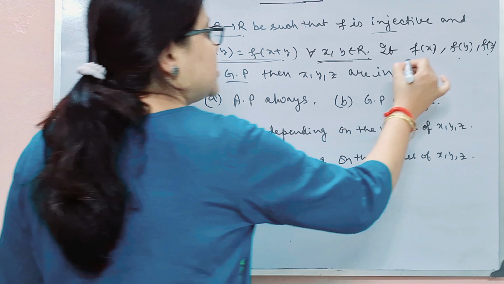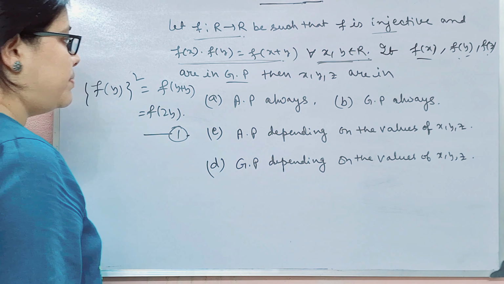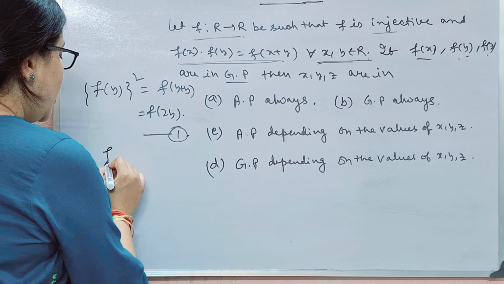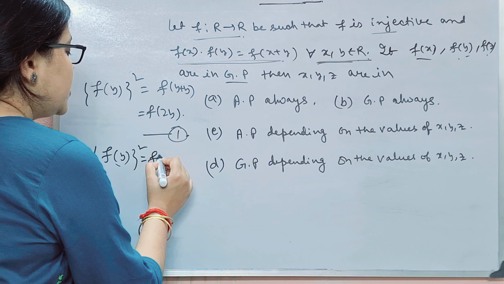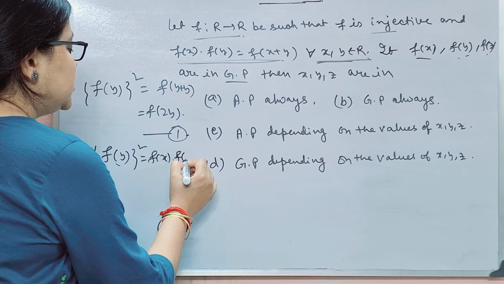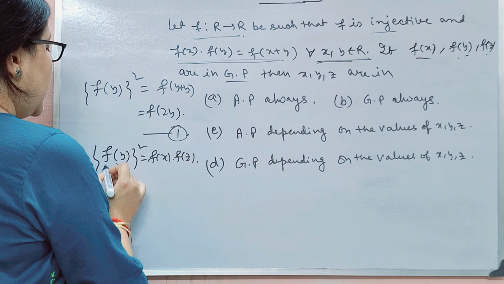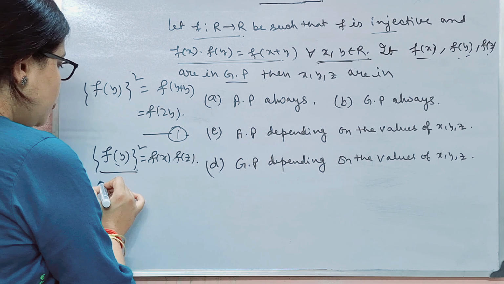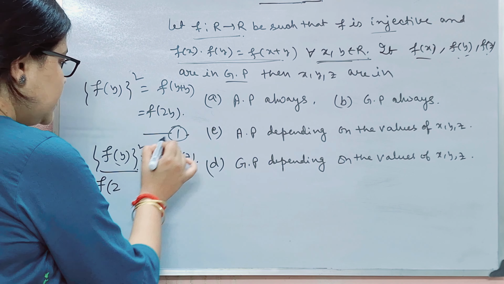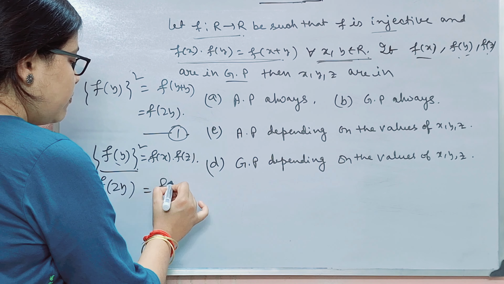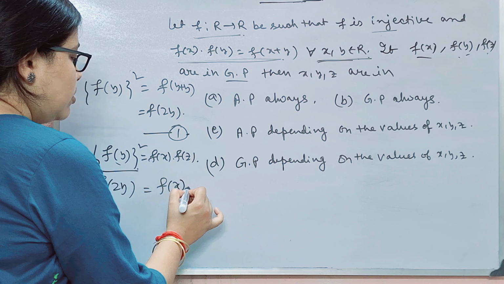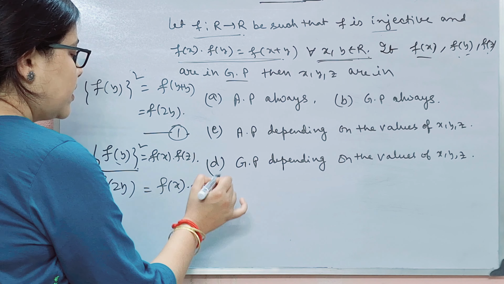And now f(x), f(y), f(z) are in GP. So that means f(y) whole square equals f(x) times f(z). That means f(2y), from equation 1, equals f(x) times f(z).